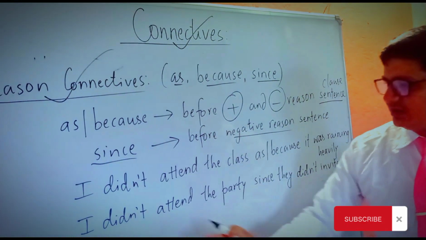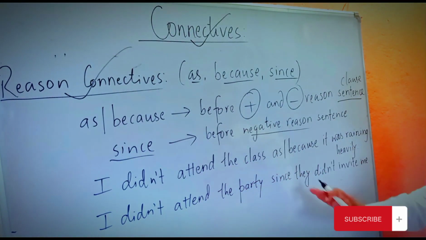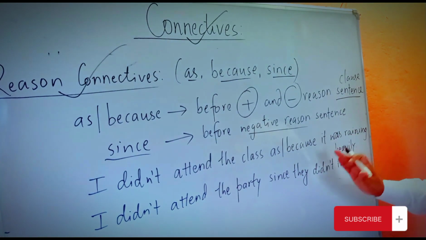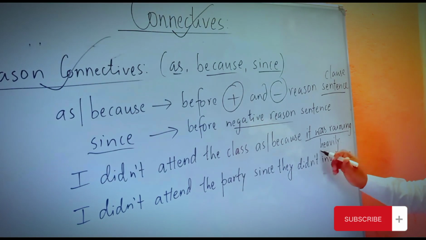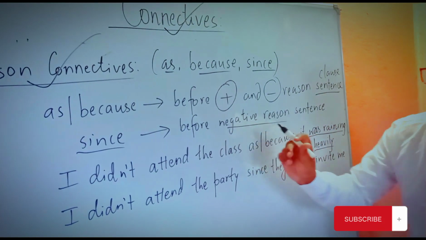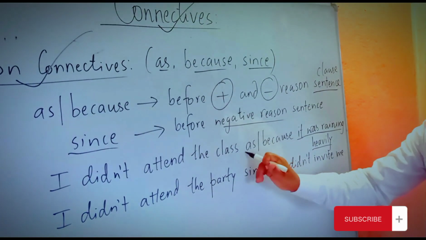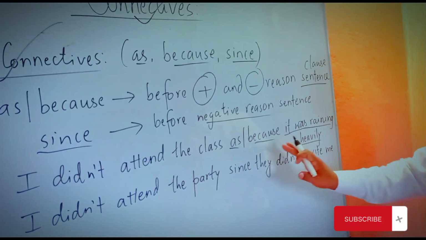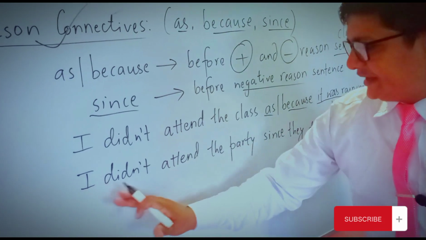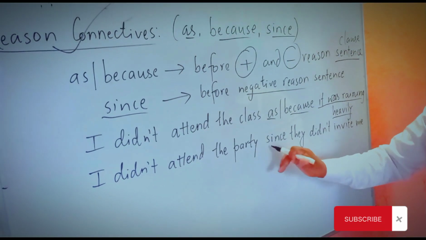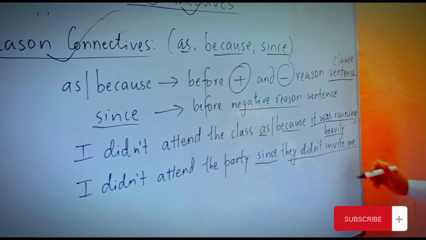Look here, I didn't attend the class as or because it was raining heavily. This clause is positive, that's why we are not using since here. Only as and because you can use interchangeably. And for this one, I didn't attend the party since they didn't invite me.